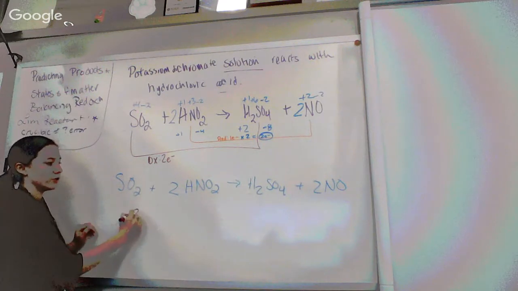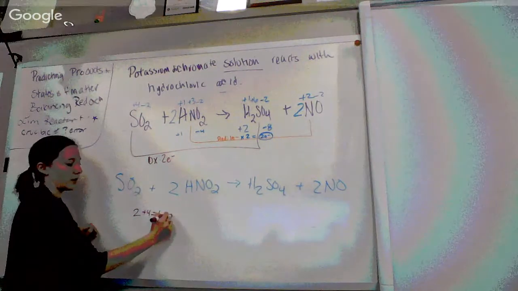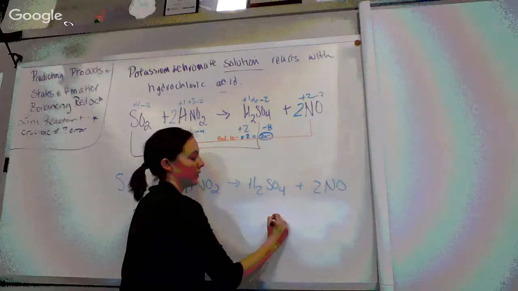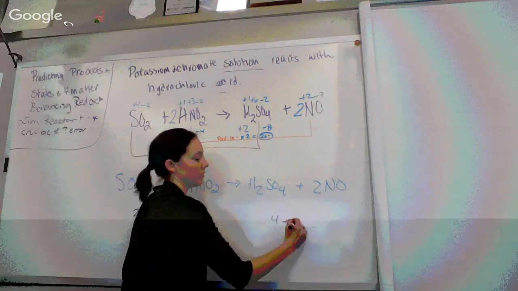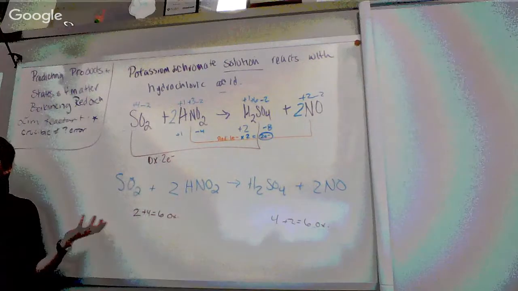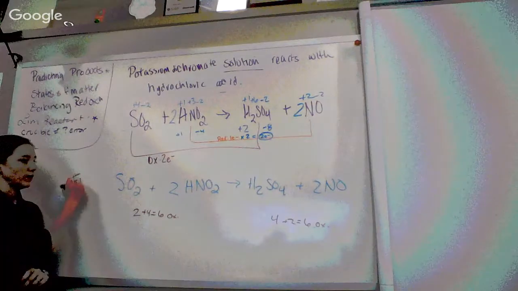I have 2 oxygens plus 4 oxygens, so that gives me a total of 6 oxygens on this side. And I've got 4 oxygens on that one and then 2 oxygens there, so that gives me a total of 6 oxygens on that side. So now it's actually already balanced. I didn't have to add any additional numbers, and this is what you would write as your final answer.